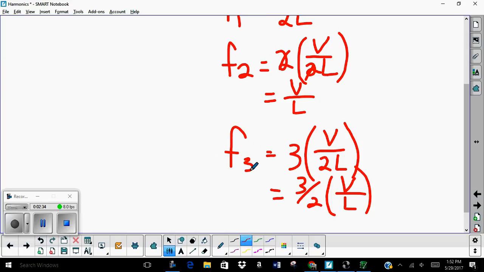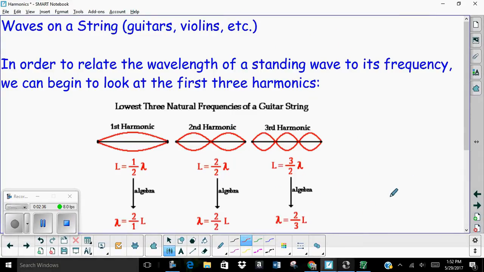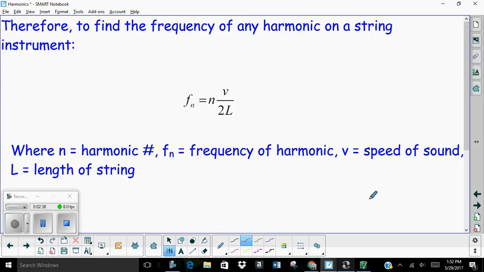Putting this all into one equation, though, it looks like this. The frequency of any harmonic on a stringed instrument, for any particular harmonic number n, is the harmonic number times the velocity divided by 2 times the length of the string.